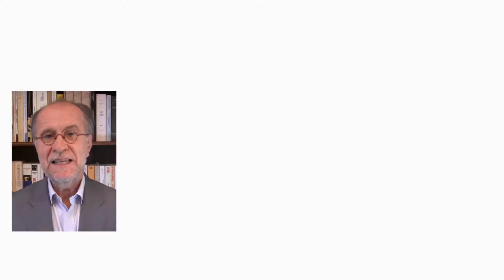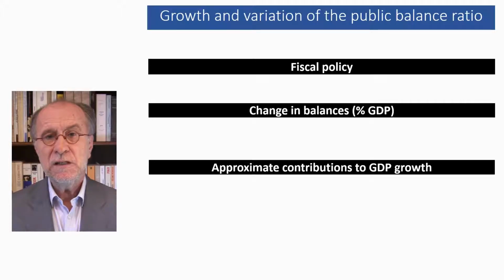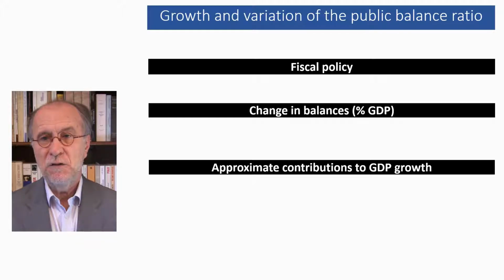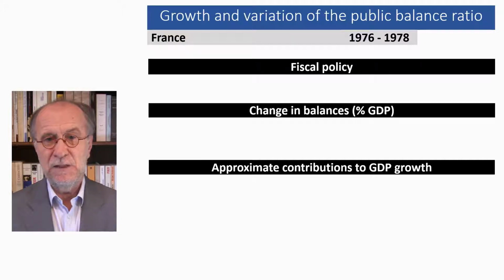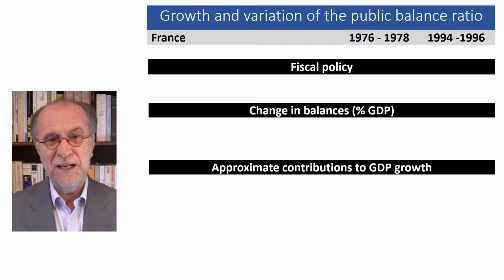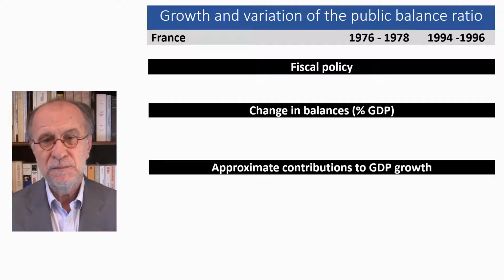Thanks to this analysis method, we can see the link between growth and changes in the public deficit. Let's look at two 3-year post-recession periods in France, the first from 1976 to 1978, following the 1975 recession, and the second from 1994 to 1996, following the 1993 recession.